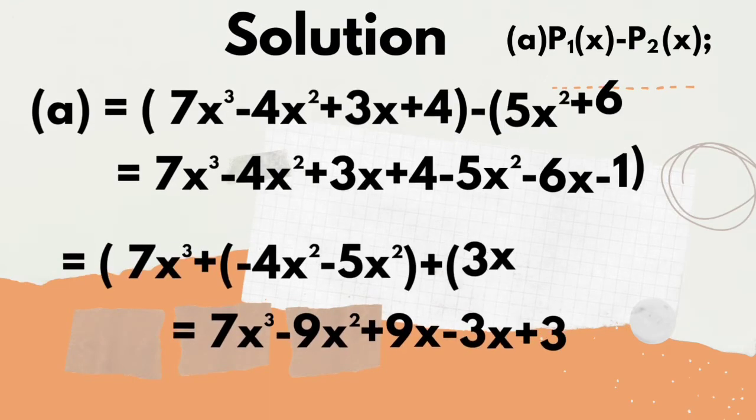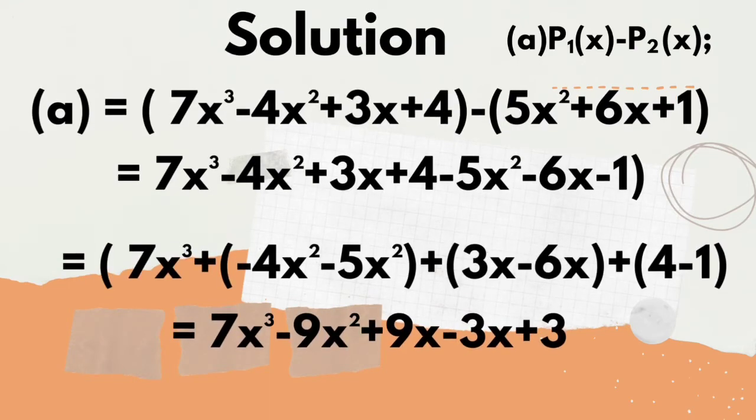Solution. P1 of x is equal to 7x raised to power 3 minus 4x raised to power 2 plus 3x plus 4. Then P2 of x is 5x squared plus 6x plus 1. If you observe, the negative sign will affect everything within the bracket.